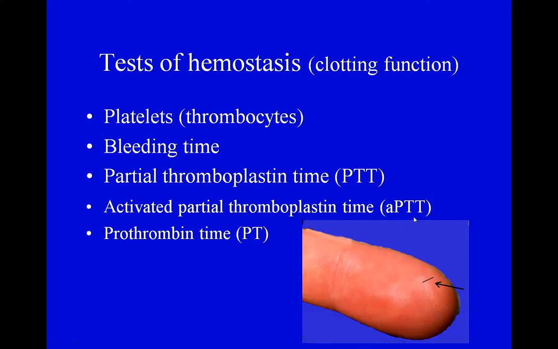Partial thromboplastin time and activated partial thromboplastin time. These are essentially the same thing. Prothrombin time, we shorten it to its initials again. I said we love to do that in medicine. And the difference between these two is PT is going to be a test that looks at basically the function of the extrinsic pathway of coagulation.